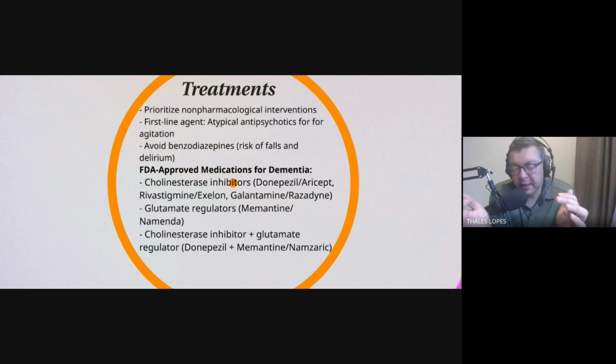Memorize just one because they will always give you both together. Okay? Now, class, cholinesterase inhibitors, glutamate regulators, or cholinesterase inhibitors plus glutamate regulators. So a mixture of both.